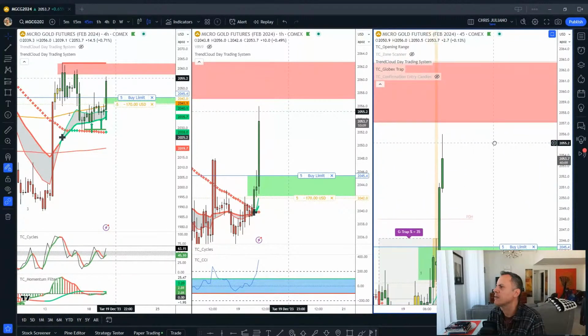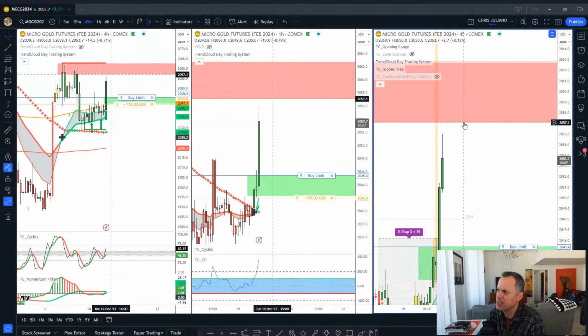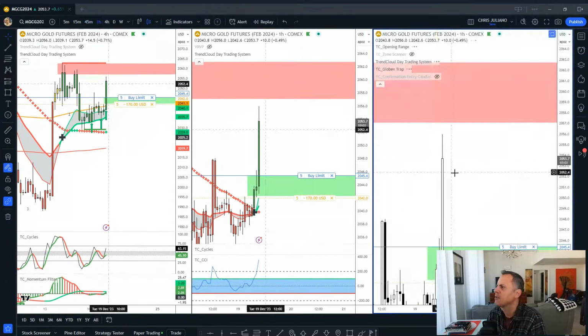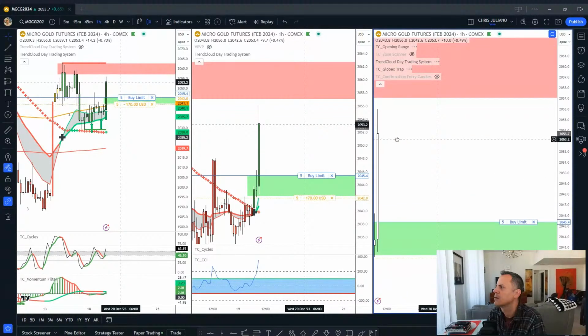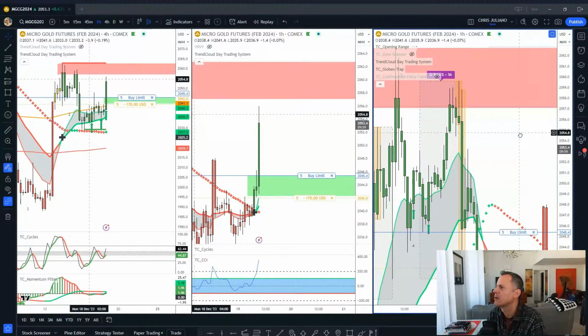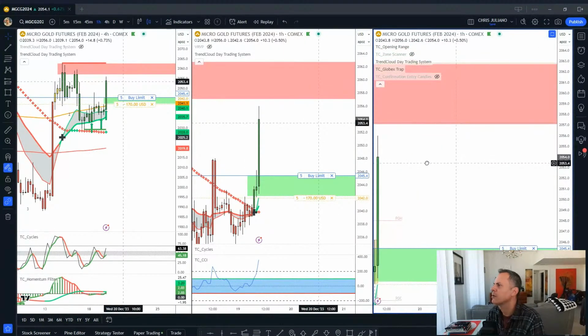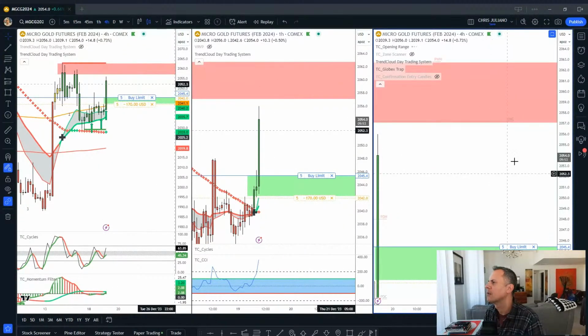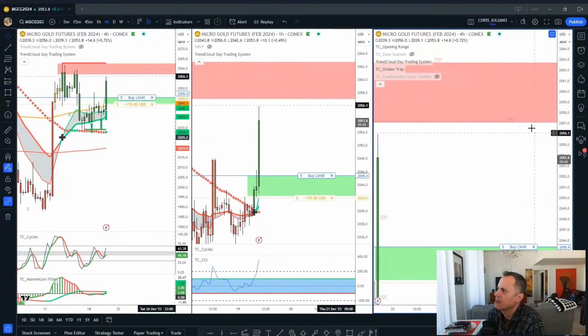That must be the previous week's open. I can't seem to get a fix on it. That's weird. Oh, there we go. Previous month's close. It was recalculating.